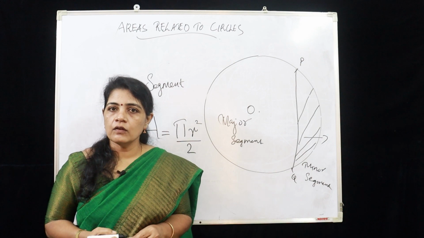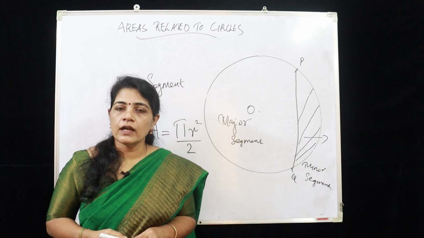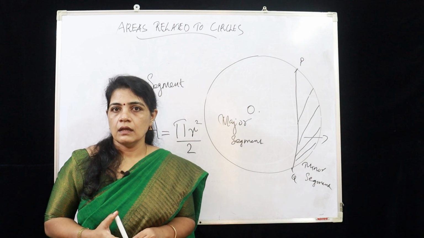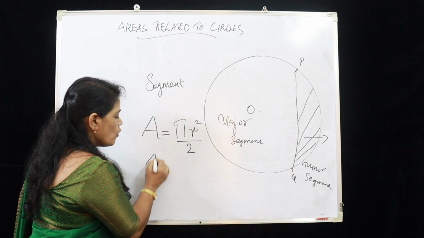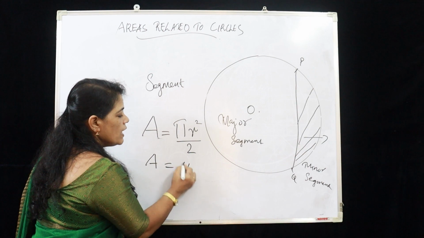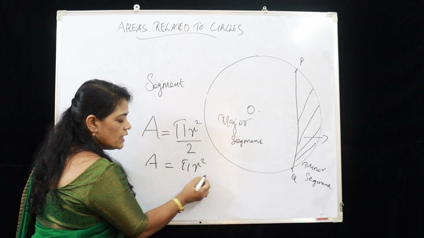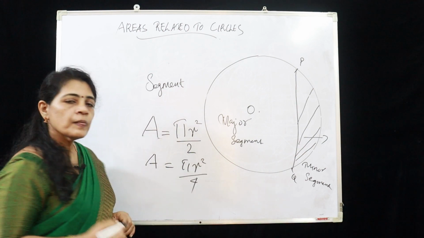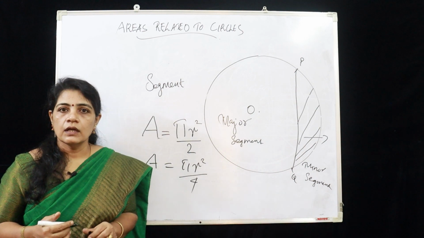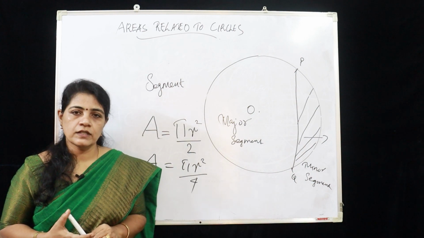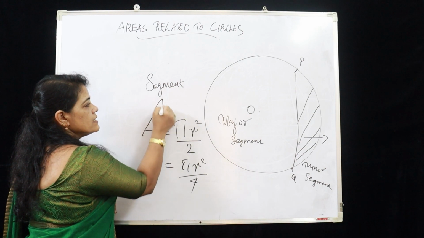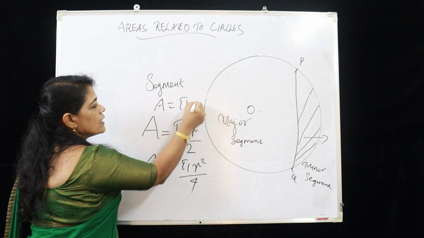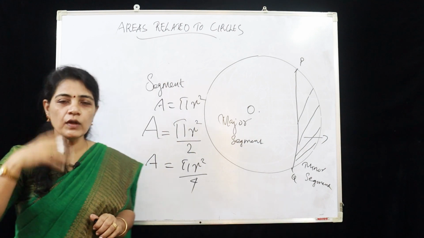If you want to calculate the area of a quadrant of a circle, quadrant means 1/4. That is, the area of a quadrant of a circle is the area of the whole circle, pi r square, divided by 4. Okay, so this is for the semicircle and this is the area of the whole circle, pi r square.